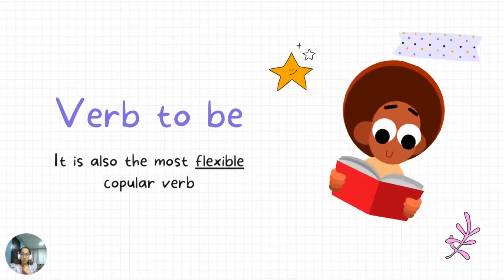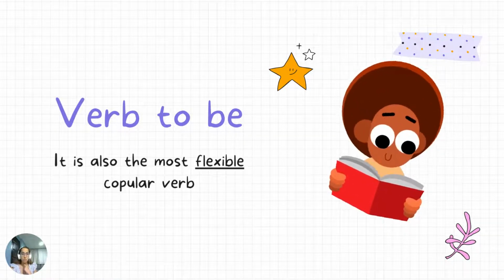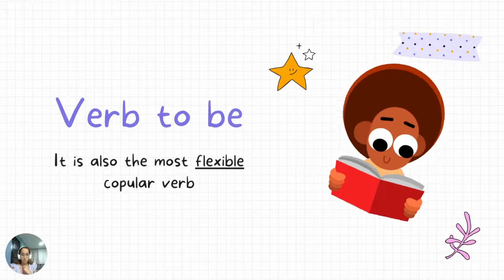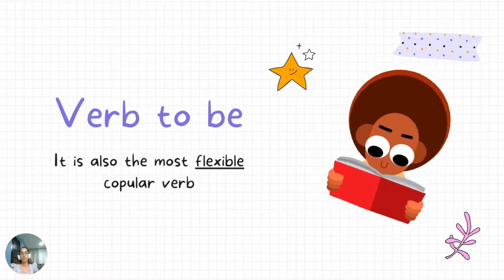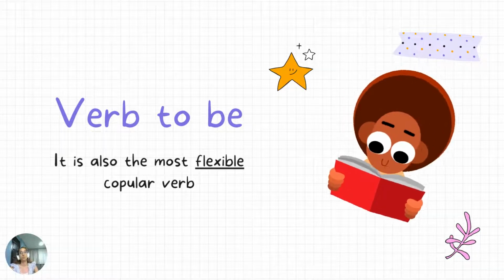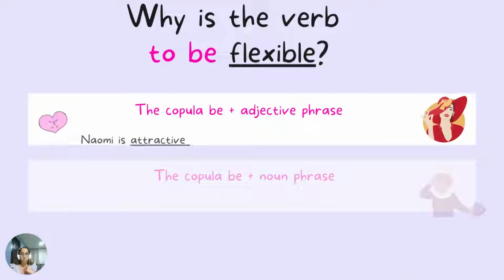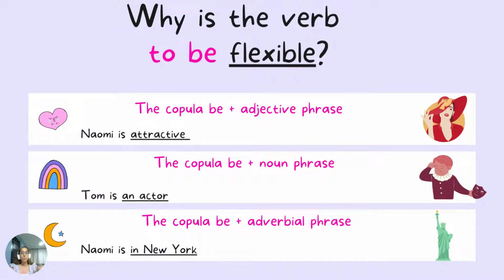Okay, so as we have seen, not only is the verb to be the most frequent and irregular verb in English, but it is also the most flexible copular verb. Okay, so why is the verb to be flexible? It is flexible because the copula be can be followed by an adjective phrase.